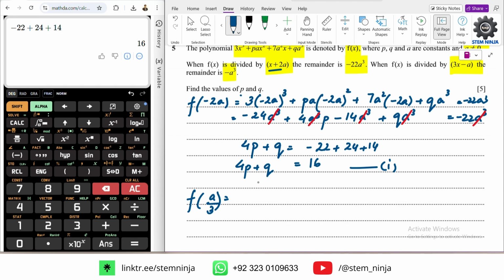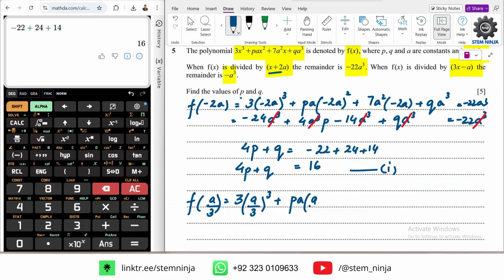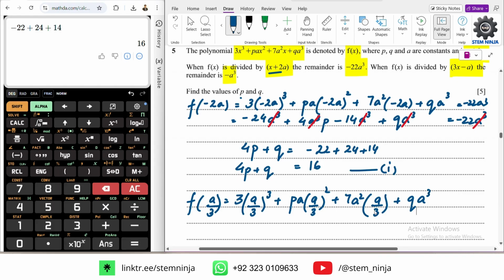Okay, so you have 3 times a over 3 cubed plus p times a over 3 squared plus 7a squared times a over 3 plus qa cubed.